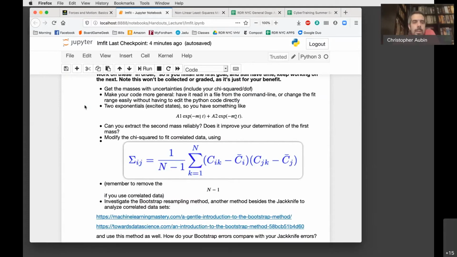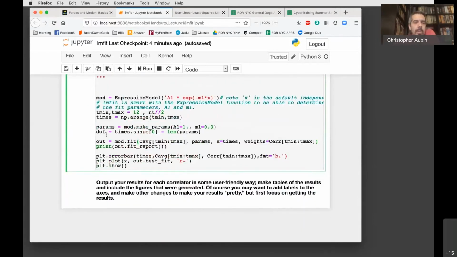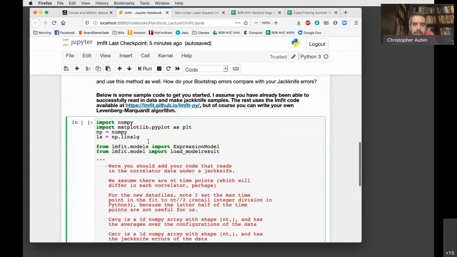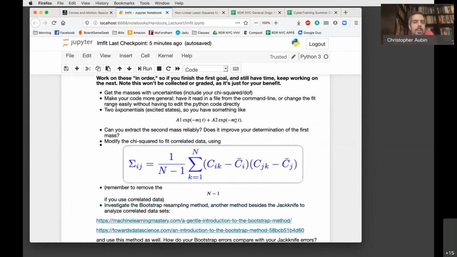So you'll need to dig into the LMFit code a little bit more than just looking at this fit function, because this fit function uses the standard uncorrelated chi-squared. That's what the weights are coming in as. So you have to dig deeper into the documentation of LMFit to do that correlated fit. That's a little more involved, but it's also a very useful thing to know how to do, so that's why it'd be a good next step.